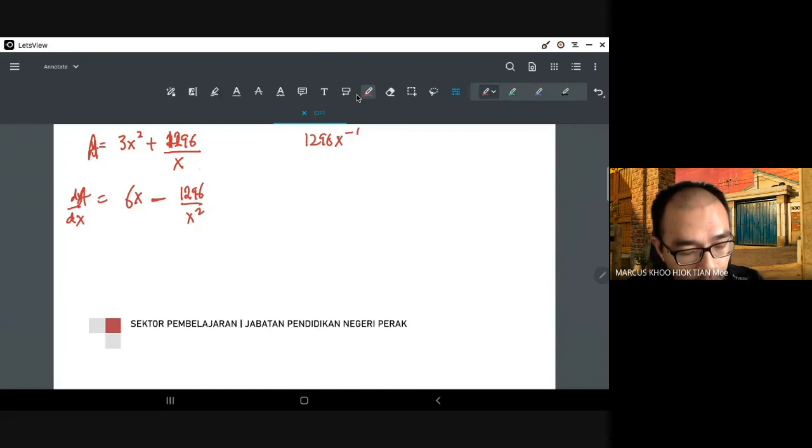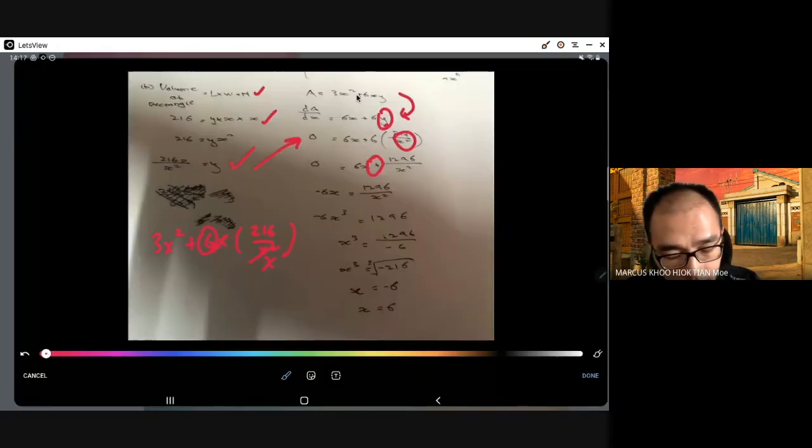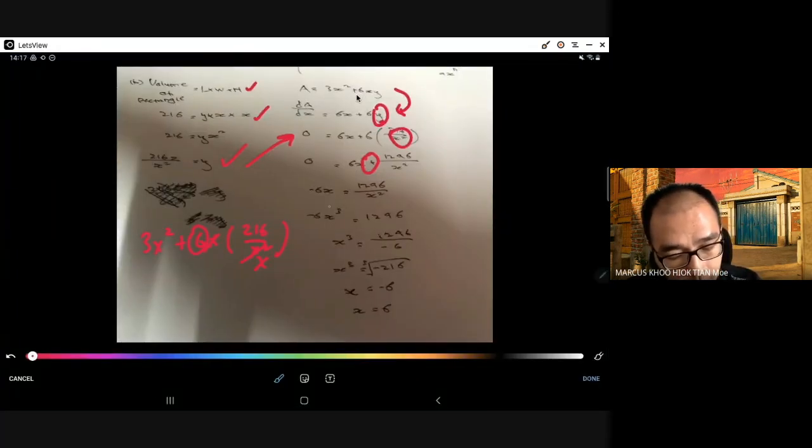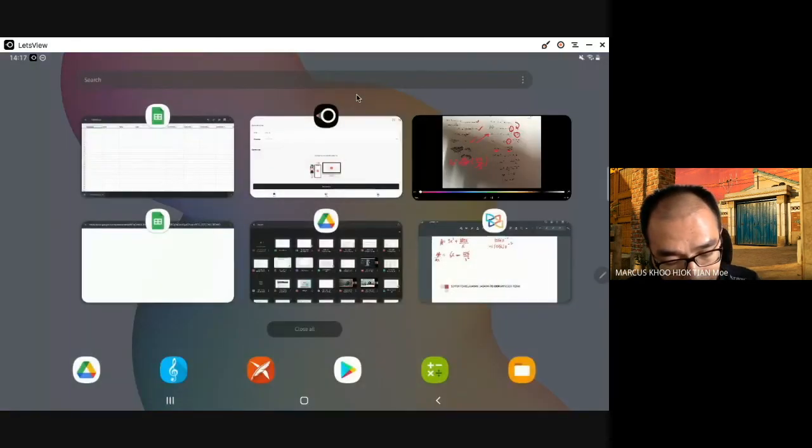So when you differentiate this, it becomes negative 1 times 1296 x to the power negative 2. Then I get this. So I know what you're trying to do, but I'm just wondering whether there is a problem here. Let us continue and see.